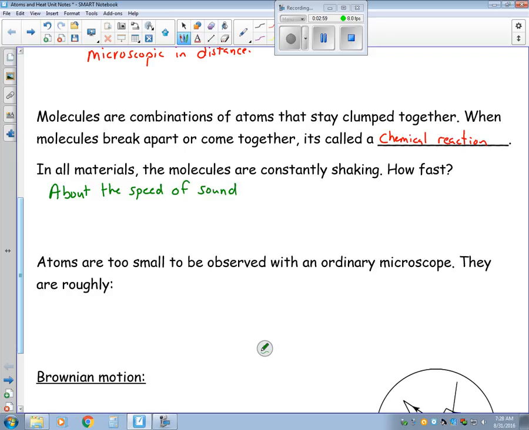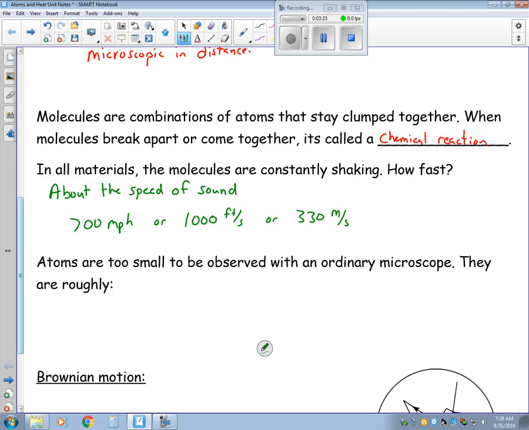So that is roughly 700 miles per hour, which is roughly about 1,000 feet per second, which is about 330 meters per second. So all those numbers are about the same. I'm just changing the units.